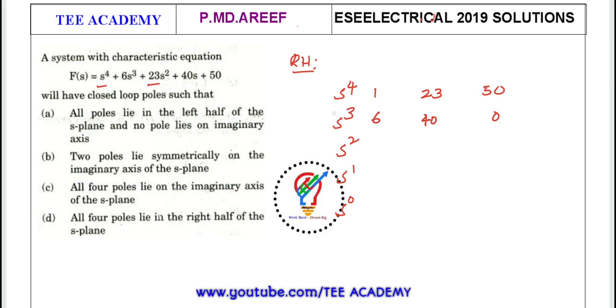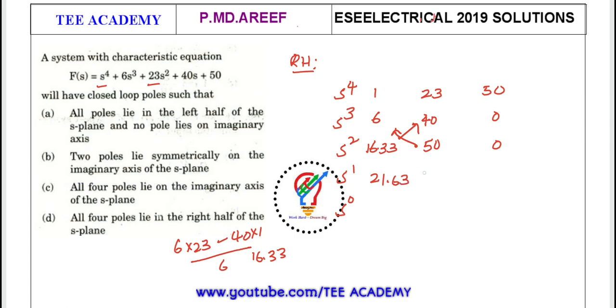Cross multiplying: (6 into 23 minus 40 into 1) divided by 6 gives 16.33. So I will write 16.33 and here 50, 0. Similarly, (16.33 into 40 minus 6 into 50) divided by 16.33 gives 21.63, and then 50, 0, 0.